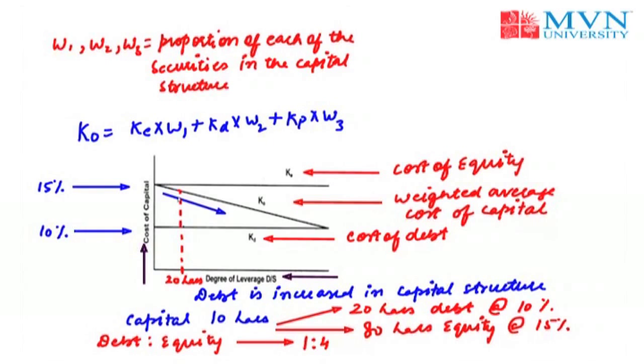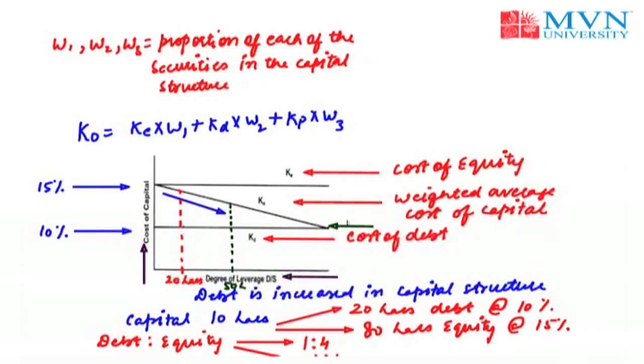Suppose in the same example, the company changes the ratio of its capital structure by involving 50% of the debt capital, then obviously the debt equity ratio will become 1:1. By this, we will move ahead to this point. So by increasing the debt in the capital structure, one can easily find out that the overall cost of capital has decreased, and whenever more and more debt is used in the capital structure, the overall cost of capital will keep on decreasing up till a point where it is going to meet the cost of debt.